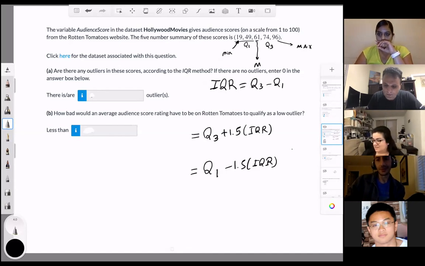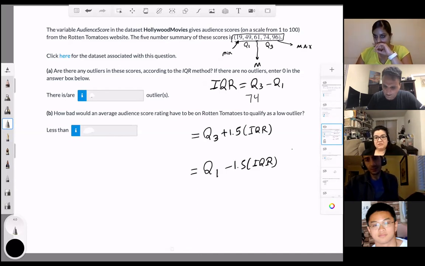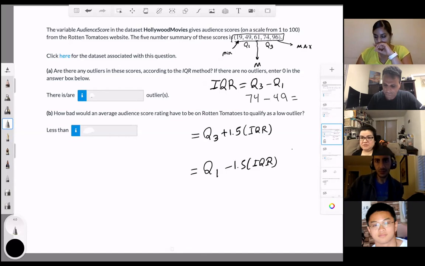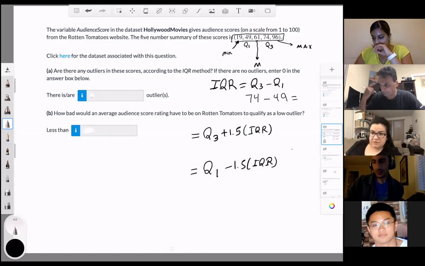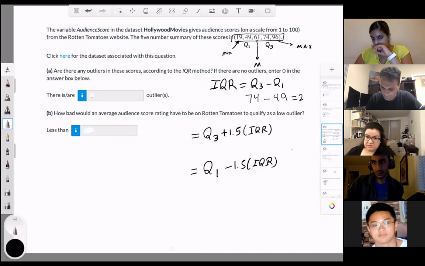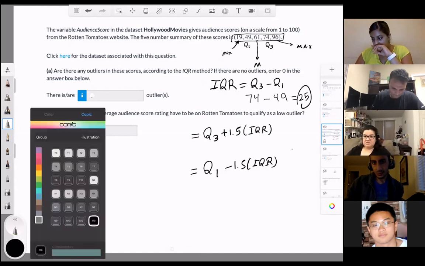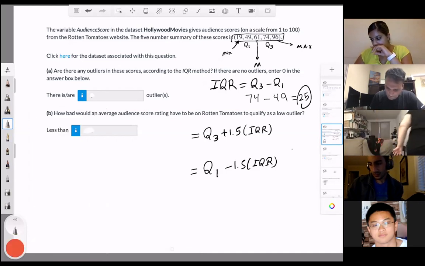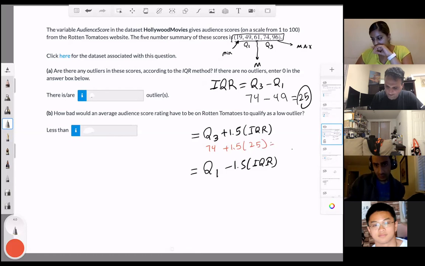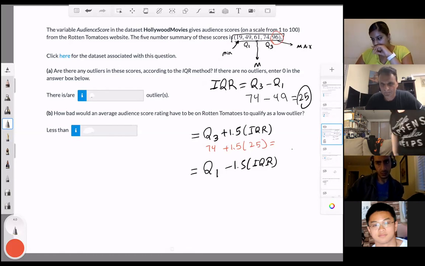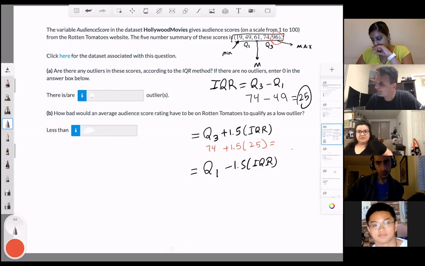Again, we do this only when we have 5 numbers. First, we calculate the IQR, which is 74 minus 49, which is 25. Now we have Q3, which is 74 plus 1.5 times 25. What do we get? Do we get more than 96 or less than 96? What is 1.5 times 25?